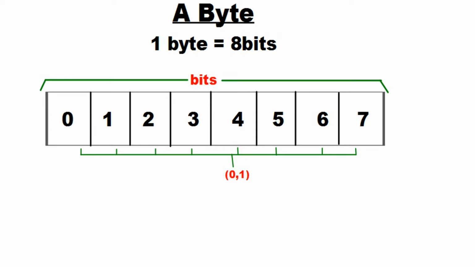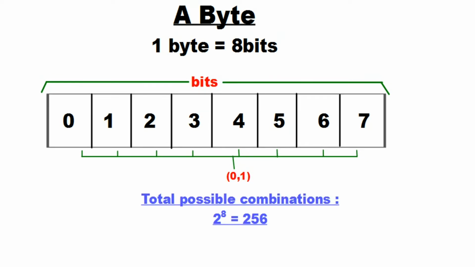Everything in computer is stored in binary form. Either it is true, that is 1, or it is false, that is 0. So every bit can store two combinations, either 0 or 1. So total 8 bits can store 2 to the power 8 combinations. Because 1 byte has 8 bits, so total possible combinations a byte can store is 2 to the power 8, that is 256.